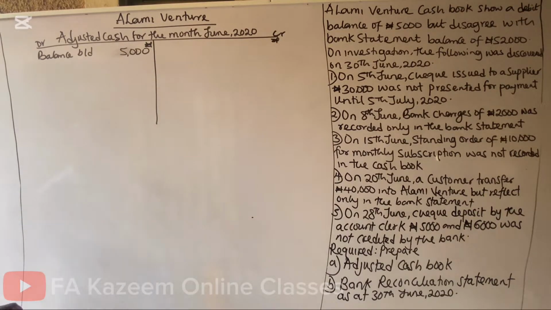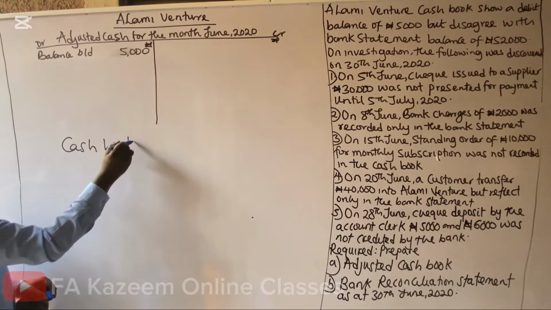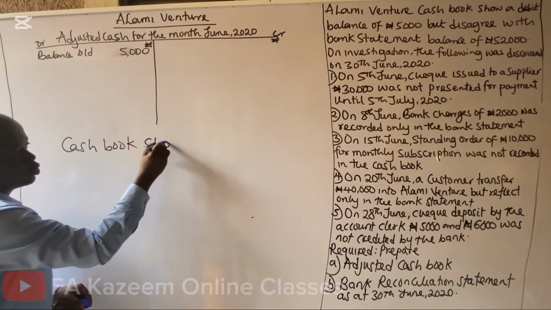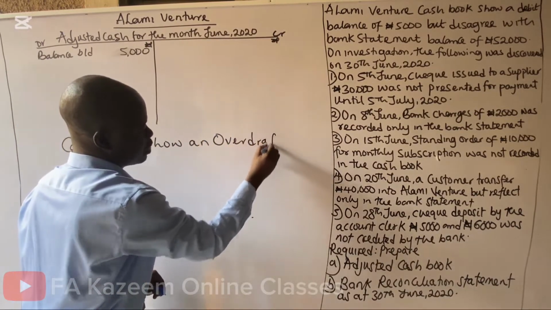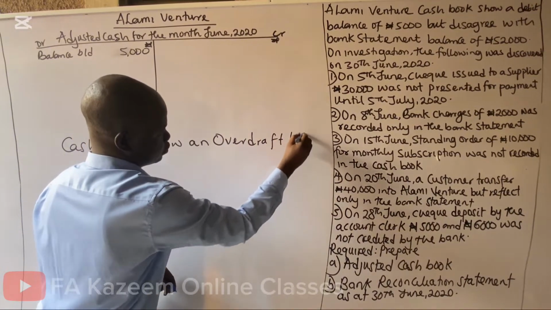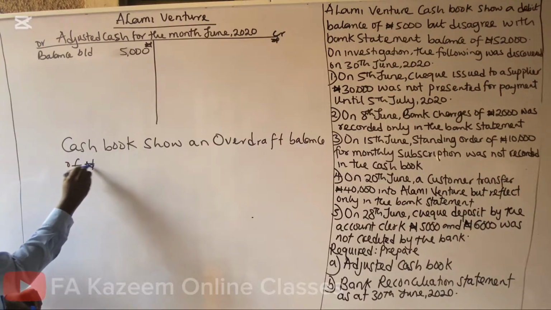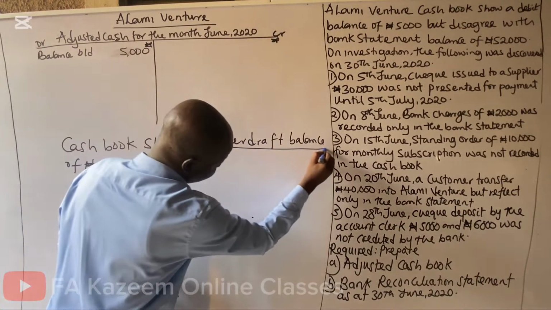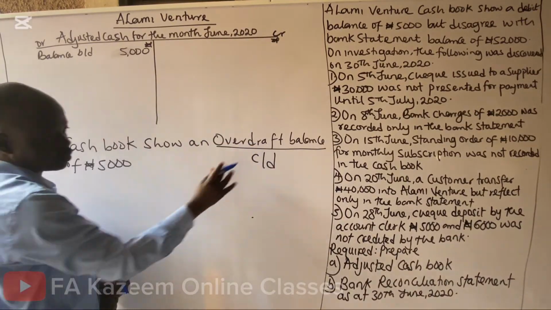But sometimes the question can say the cash book shows an overdraft balance of 5,000. If you have a question like this, the words overdraft balance mean the balance of the cash book should be on the credit side.